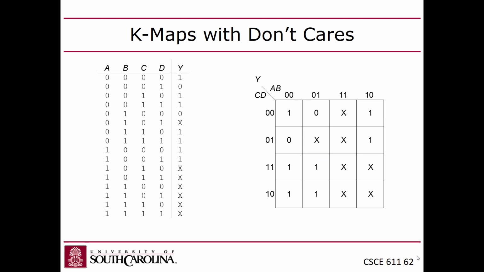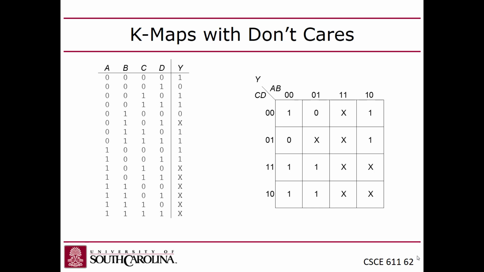OK, and then you can have don't cares, which is when you don't care what the output is. When would you not care what the output is, though, in reality? Well, for example, if you have input combinations that you would never expect to come up, then you could just make the corresponding outputs don't cares, because it'll never be relevant, since those inputs will never be set that way.